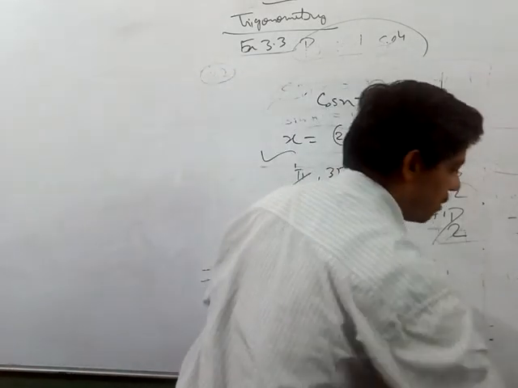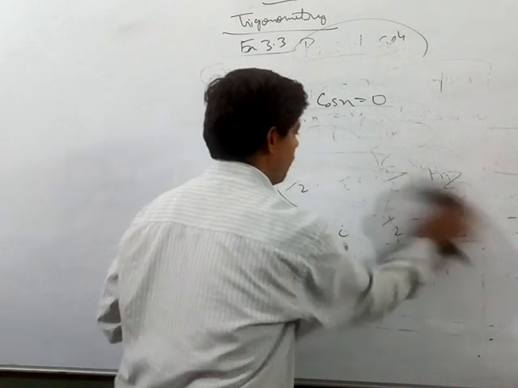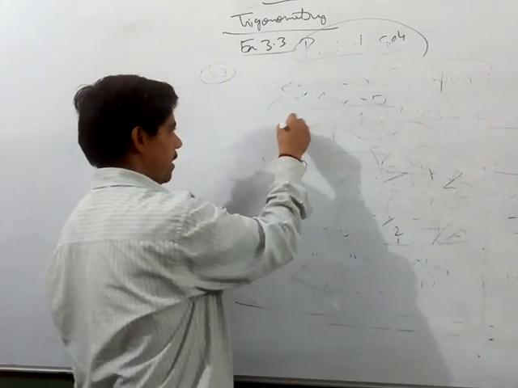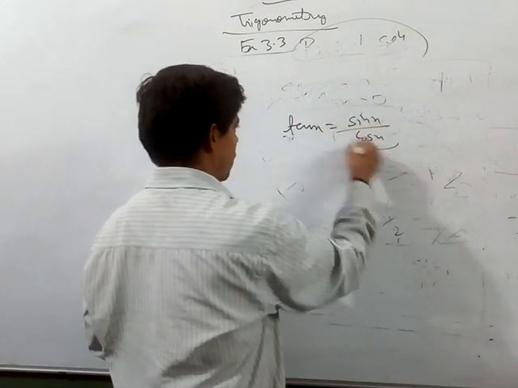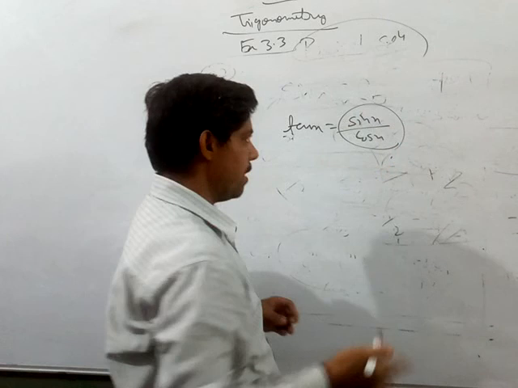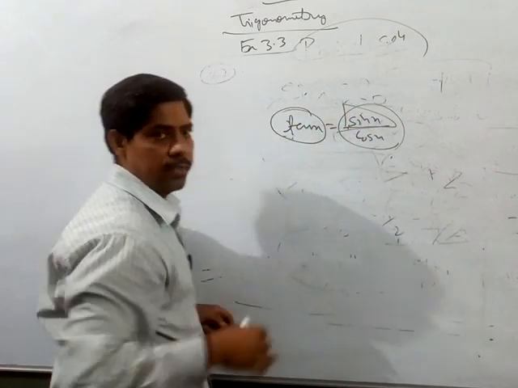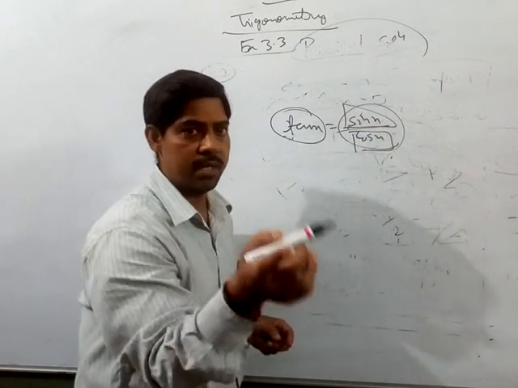Similarly, you have the third trigonometric ratio, tan x, and tan x is 0 whenever sin x is 0, because tan x, as you know, is sin x upon cos x. So keep in mind, whenever sin x is 0, automatically tan x is going to be 0, and moreover cos x and sin x are not simultaneously 0.